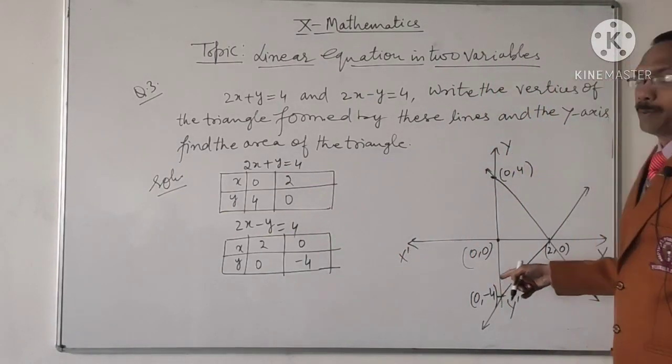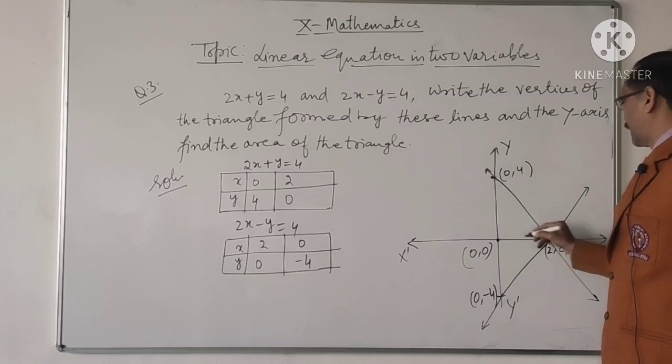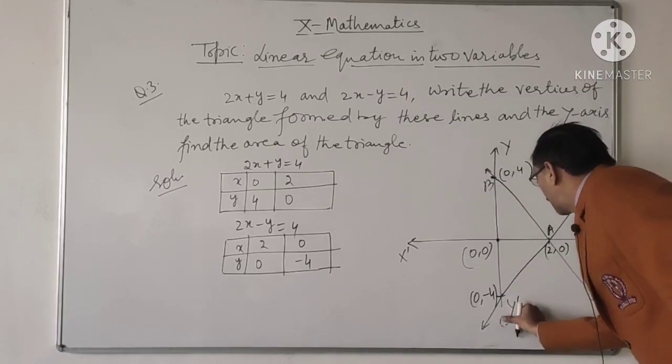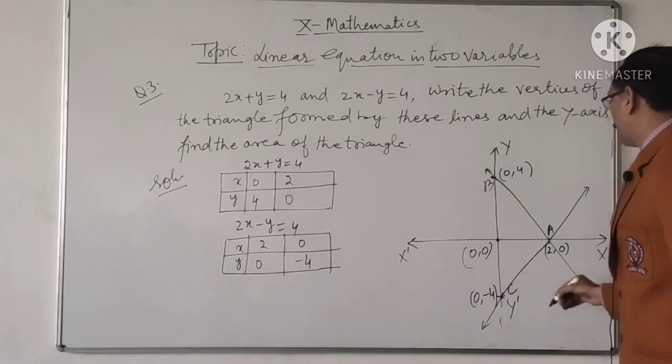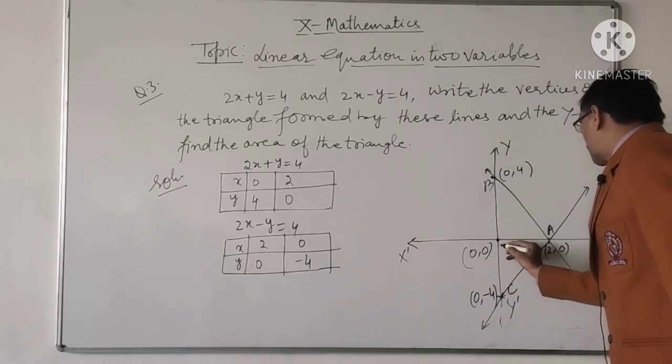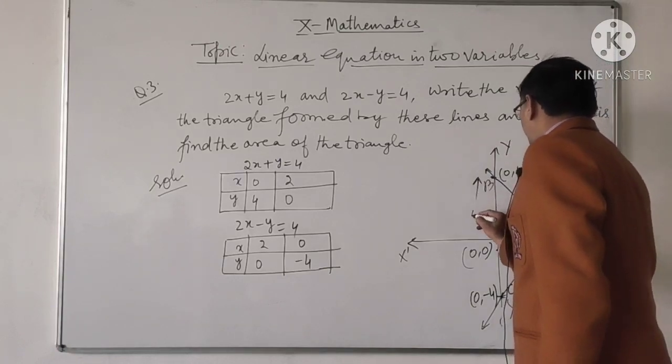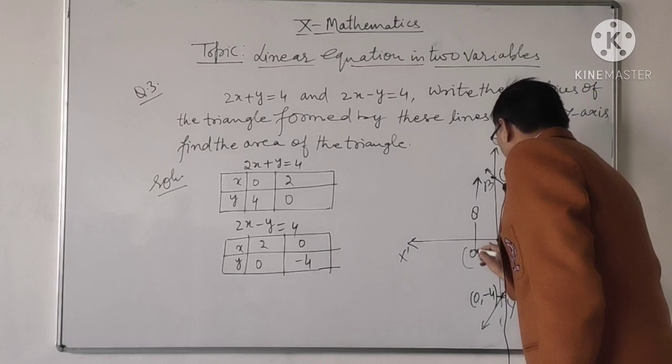Now, we will find the area of the triangle. Let this be triangle ABC. This is the point C. So the altitude of the triangle is 2 and the base is 8. 4 plus 4 is 8.